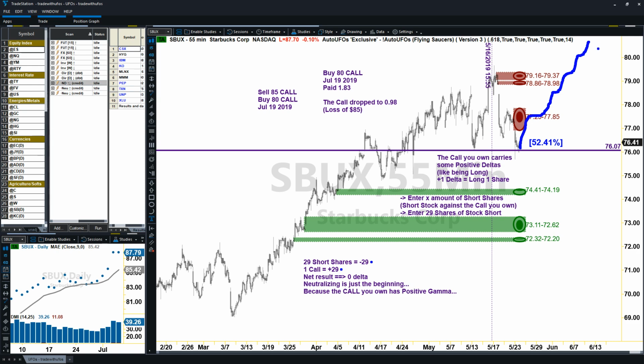So if the stock went from 76 to 80, you made $4 times 20, that's $80. So instead of losing 85, you are only losing 5 because you recovered $80 of profit after neutralizing the trade with the shares of stock.